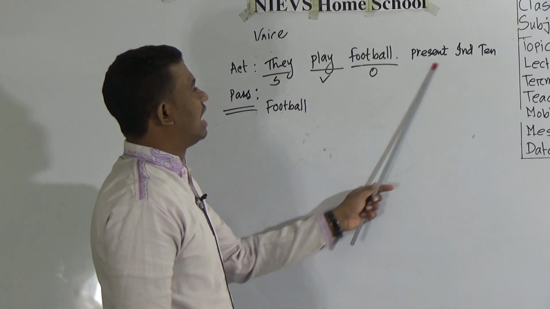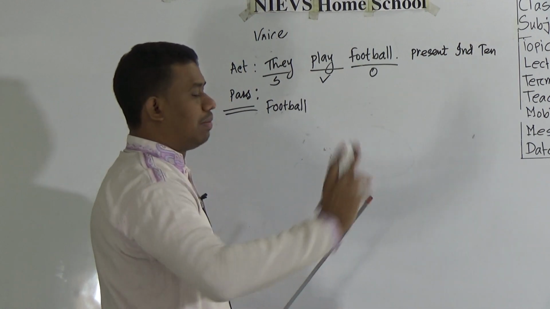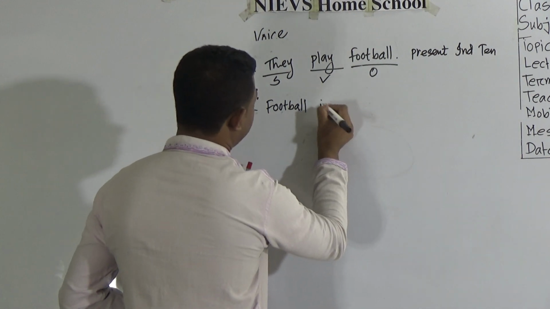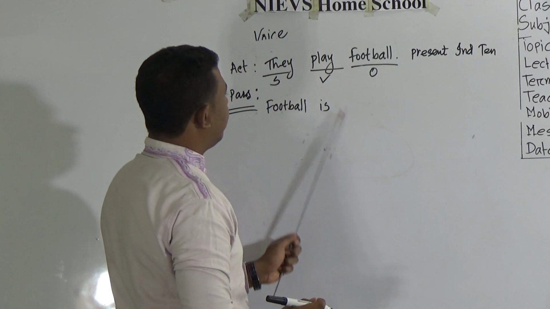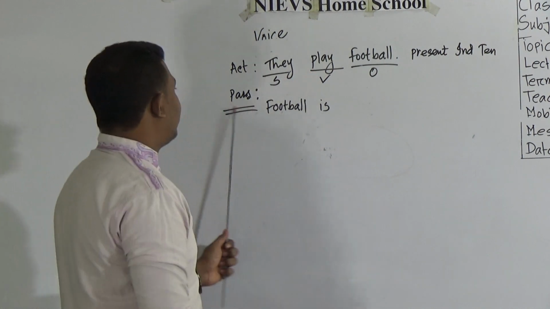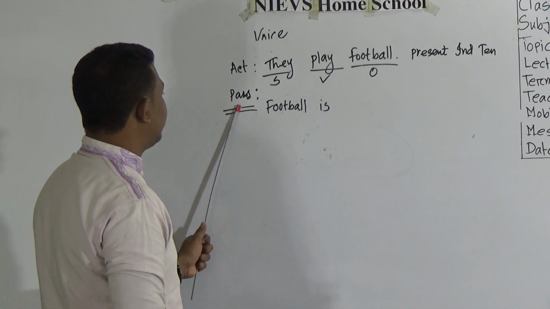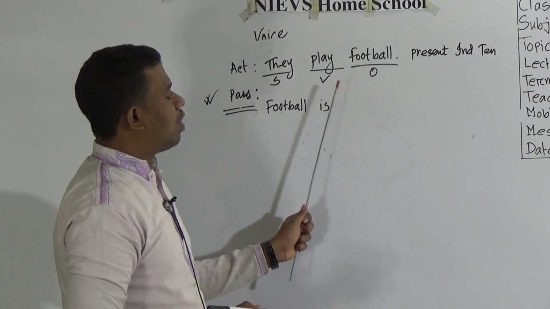Then I told you that in the case of present indefinite tense we have to use three auxiliary verbs: am, is or are. Football takes "is." Football is, then the main verb. I am telling you again that in passive form we always have to use the past participle form of the main verb.